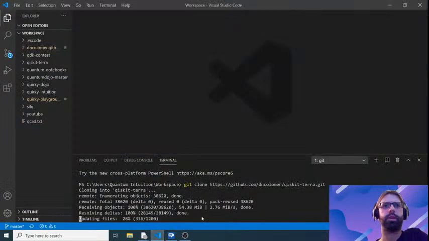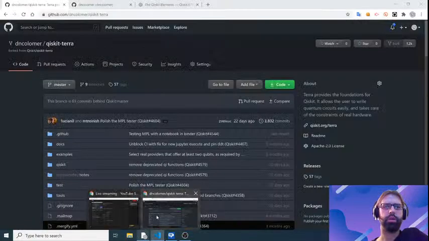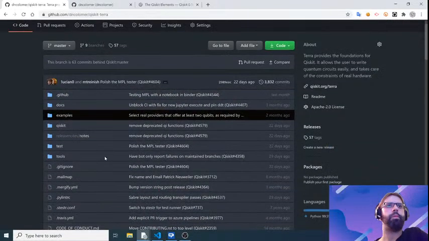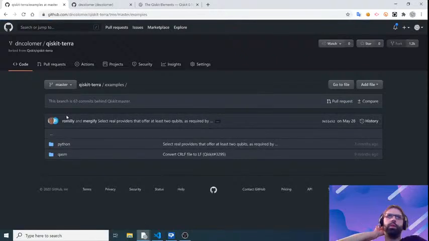I think it might be easier using Visual Studio Code to browse around. We'll see. So I'm kind of waiting for these. And what are the examples in here?